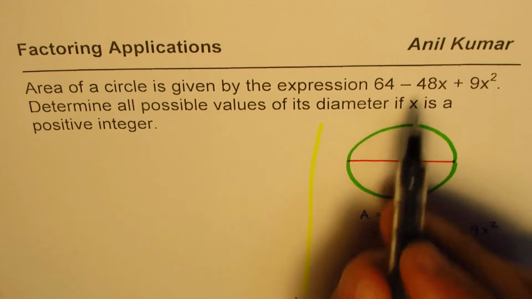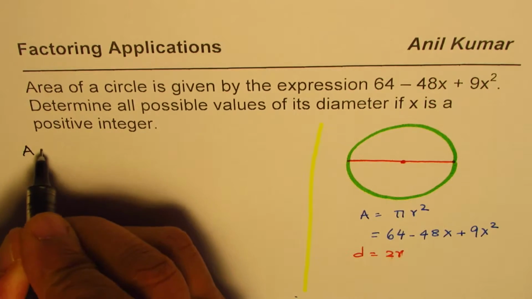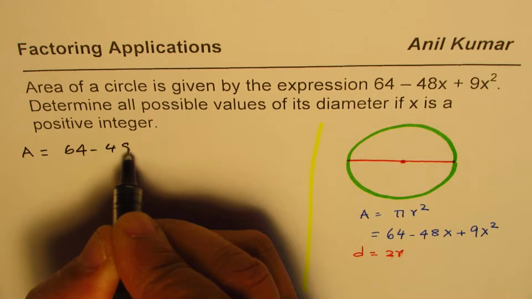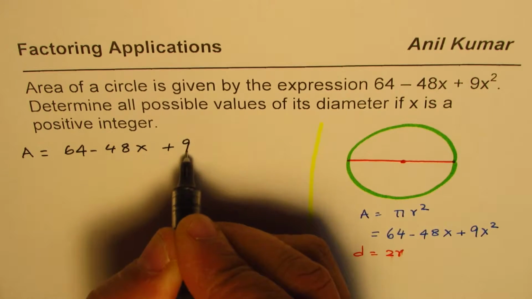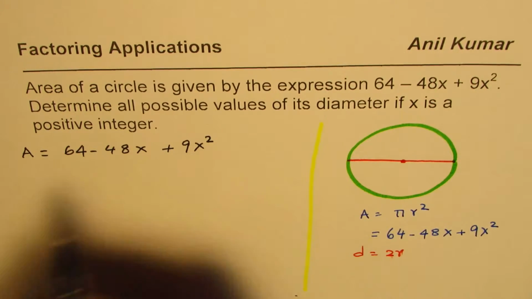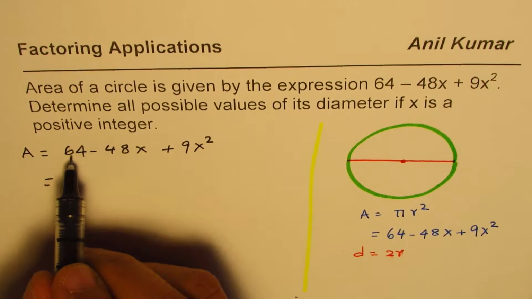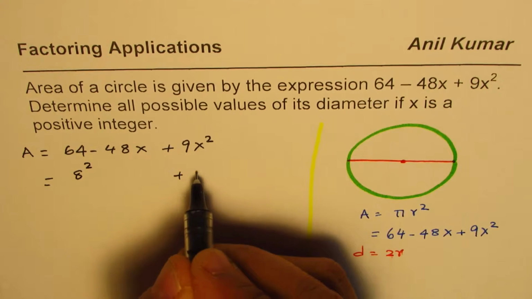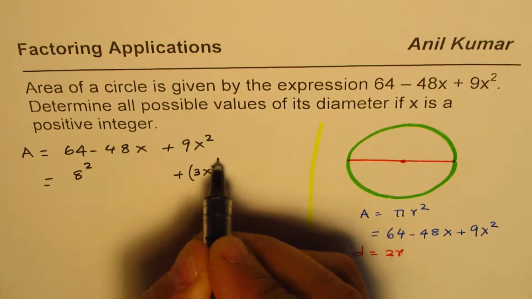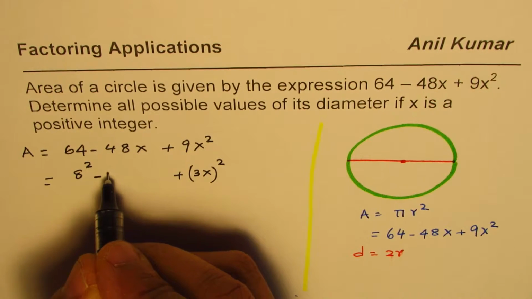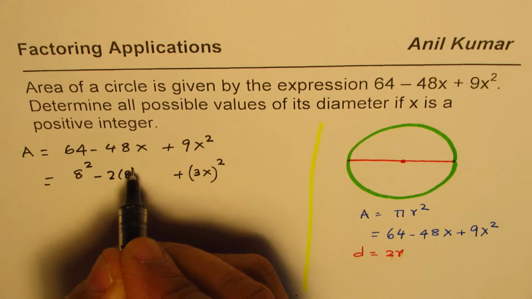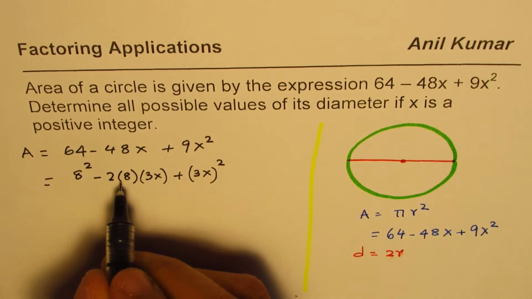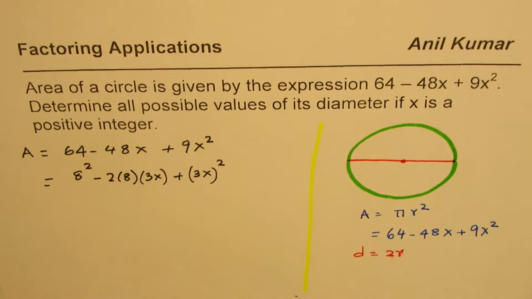Let's continue with this expression of area, which is equal to 64 minus 48x plus 9x squared. You'll notice this is a perfect square. Since 64 is 8 squared, 9x squared could be written as 3x whole square, and the center term is 2 times 8 times 3x. 2 times 8 is 16, 16 times 3 is 48.